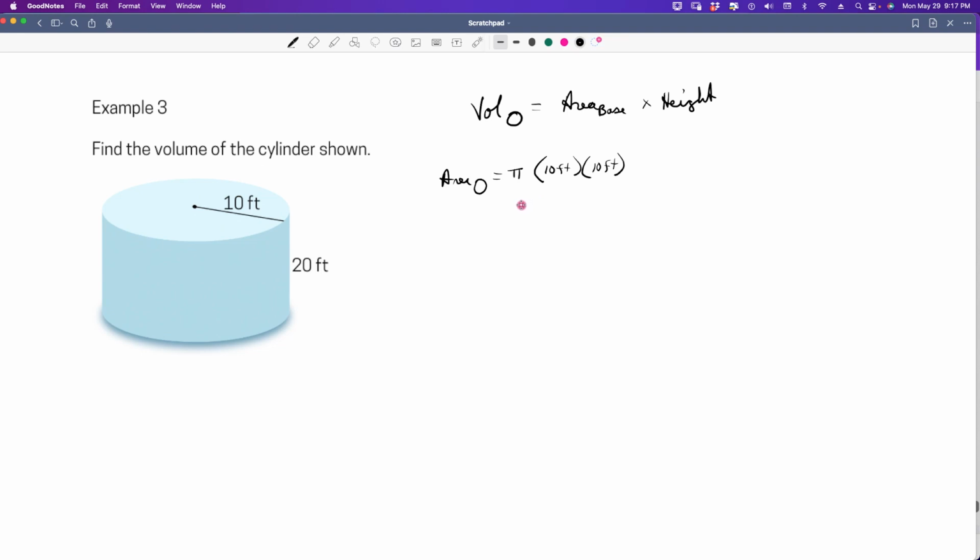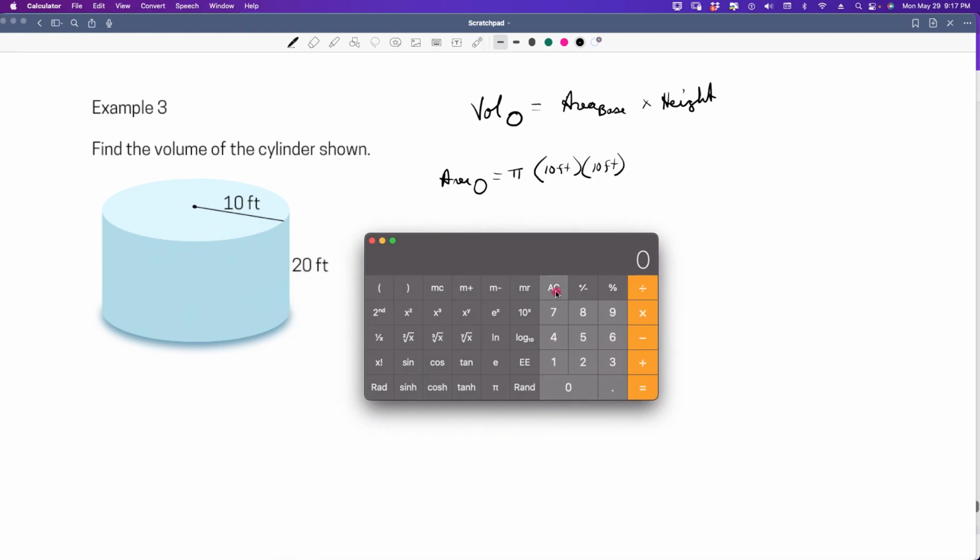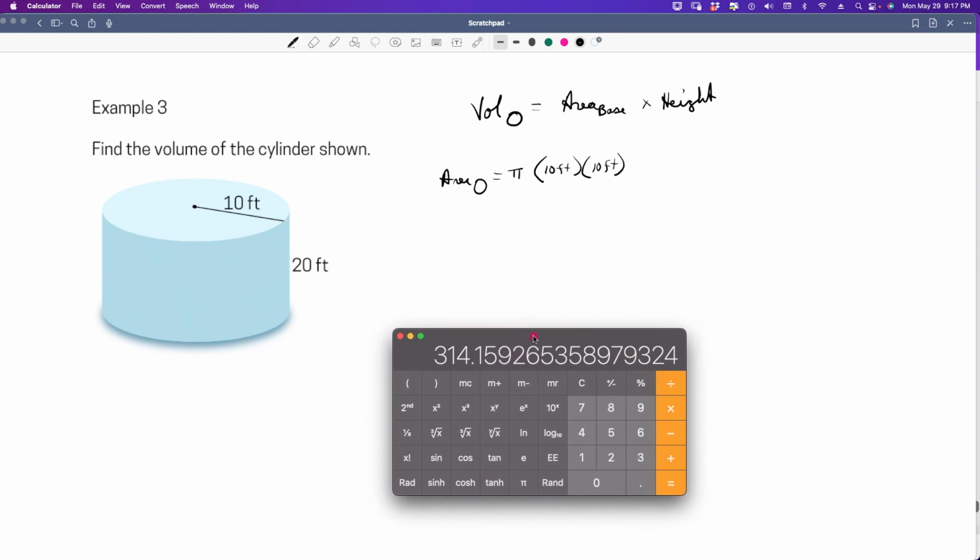So what I would like for you to do whenever you solve these types of problems that have pi, just use pi on the calculator if you have it. Okay. So I'm going to say pi times 10 feet times 10 feet. And that's going to give me 314.159.